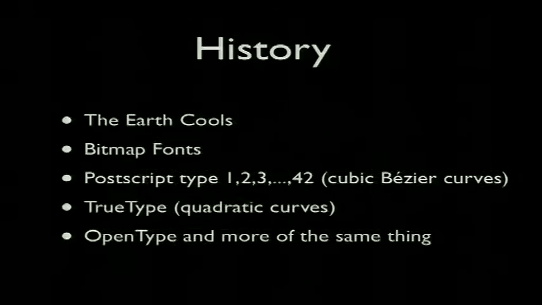Anyway, so, all right, TrueType fonts, they're actually little programs. So here's a bit of background on fonts. Here's the history of fonts. So the Earth cools, and then everybody starts using bitmap fonts, and then Adobe comes with PostScript. And they actually do proper typesetting, so you can have proportional spacing and stuff like that.